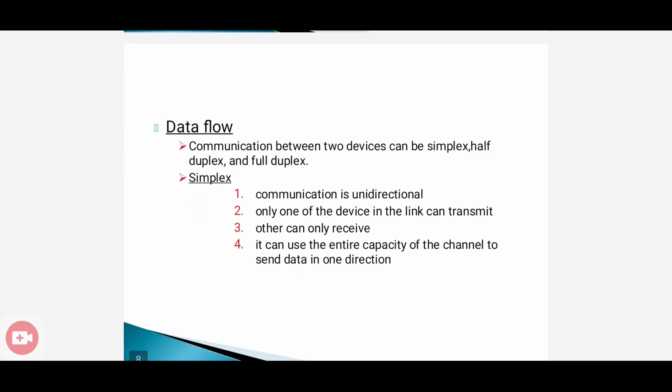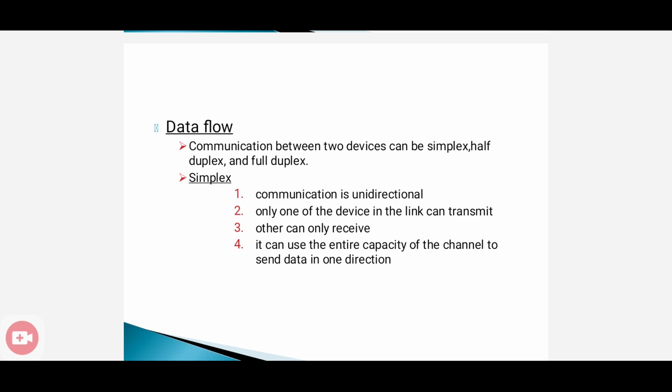Next, how is the data flowing within a communication system? What are the mechanisms for data flow? Okay, we have two devices. If we have two devices in a communication system, how is the communication handled between these two devices, or how is the data flowing from one device to the second device?